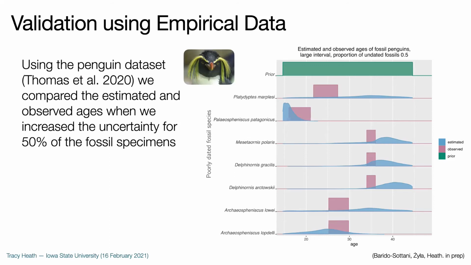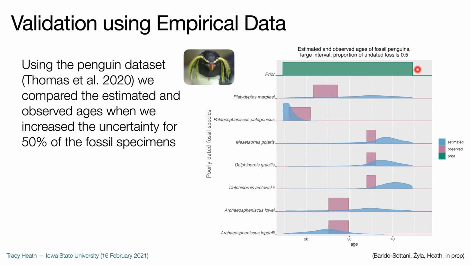And so to do this, we assigned essentially half of the fossils to this poorly dated deposit and increased the uncertainty in their age range compared to what we get from the actual fossil record. So what this figure is showing is the ages for just the fossils that fall within our hypothetical poorly dated deposit.